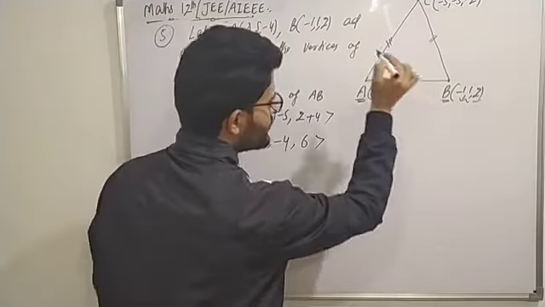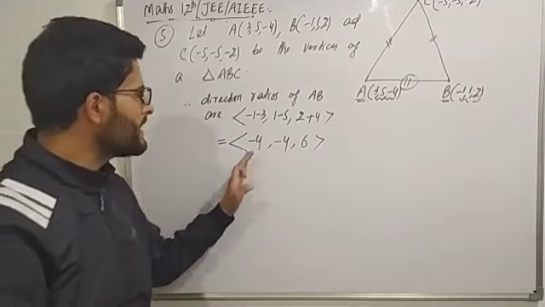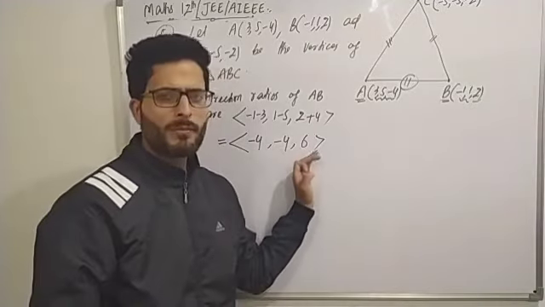So the direction ratios of side AB of this triangle ABC must be -4, -4 and 6.